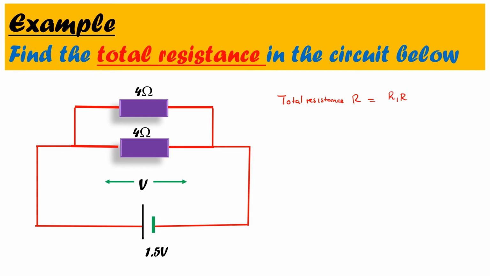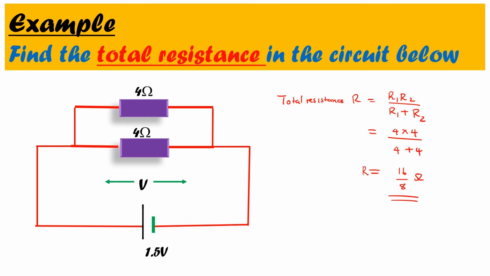So the first resistor is 4 times 4, and the sum is 4 plus 4. Then what you have is 16 divided by 8. So the total resistance in this circuit is 16 divided by 8 ohms.